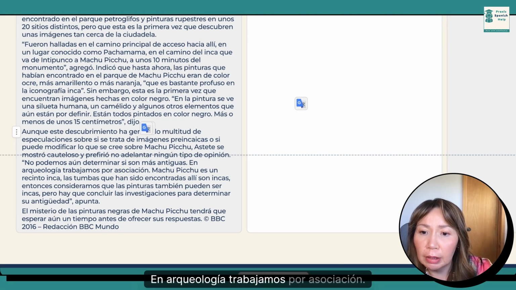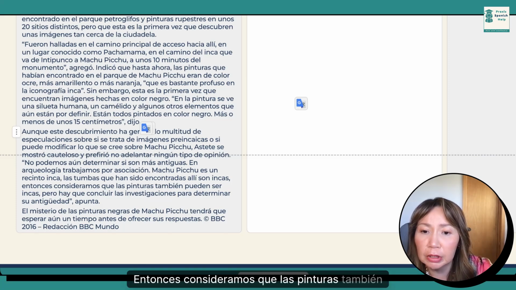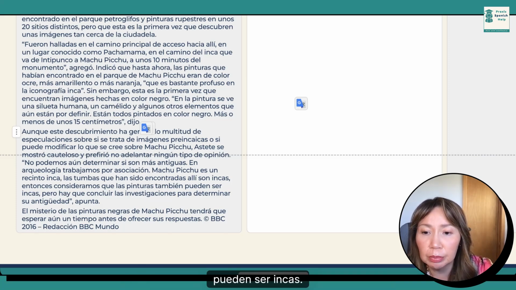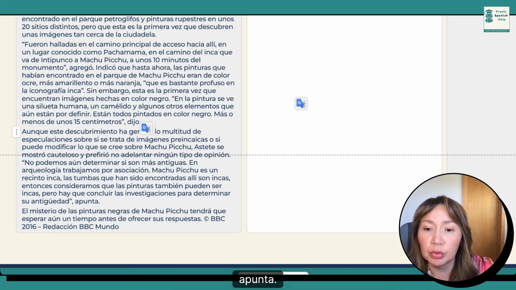En arqueología trabajamos por asociación. Machu Picchu es un recinto inca. Las tumbas que han sido encontradas ahí son incas. Entonces consideramos que las pinturas también pueden ser incas, pero hay que concluir las investigaciones para determinar su antigüedad, apunta.